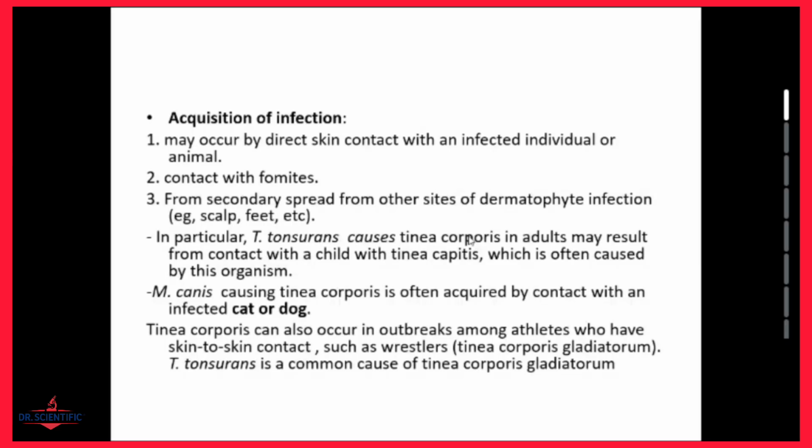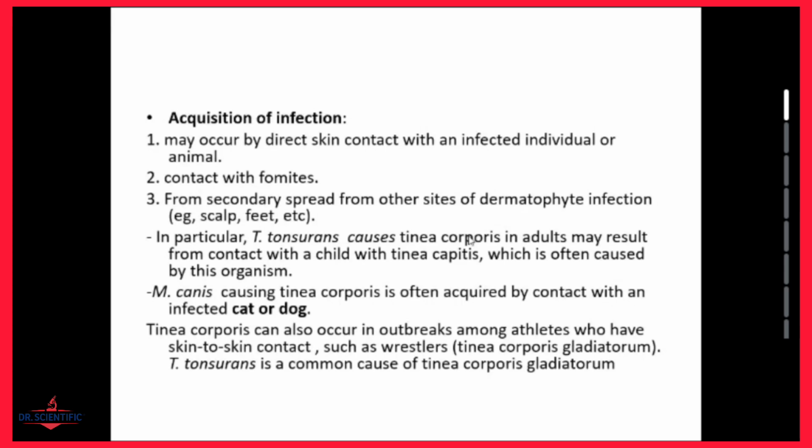And then, like this T. tonsurans causes Tinea corporis in adults, may result from contact with a child with Tinea capitis, which is often caused by the organism M. canis, acquired by contact with what we call cat or dog which is infected.